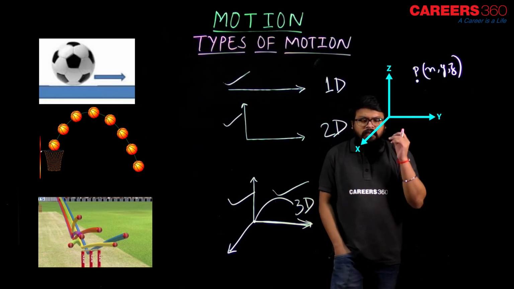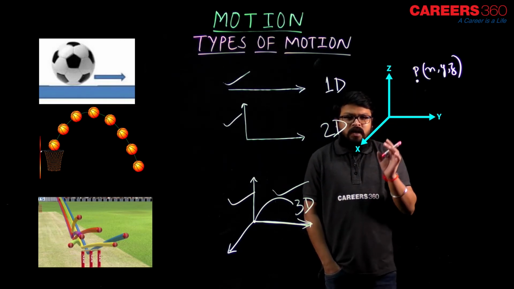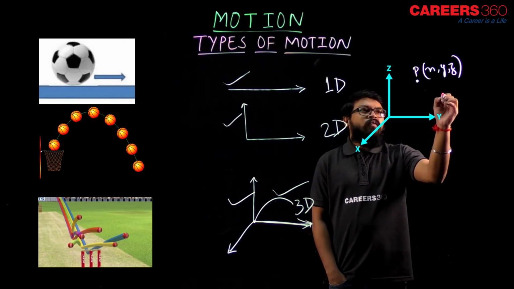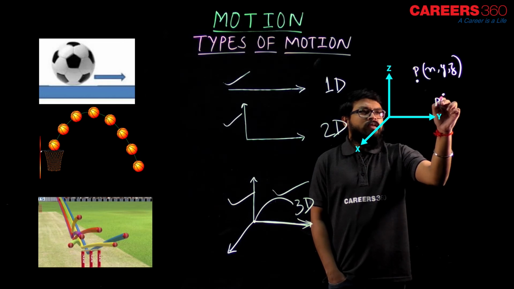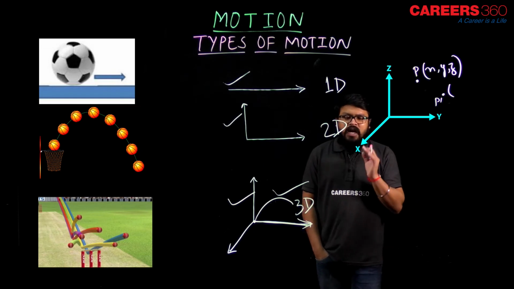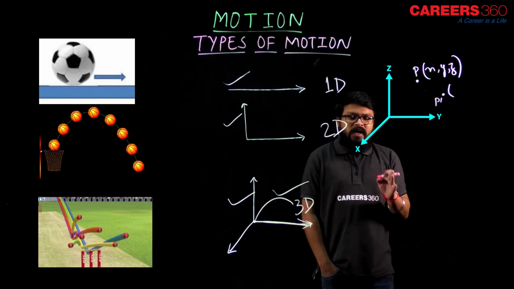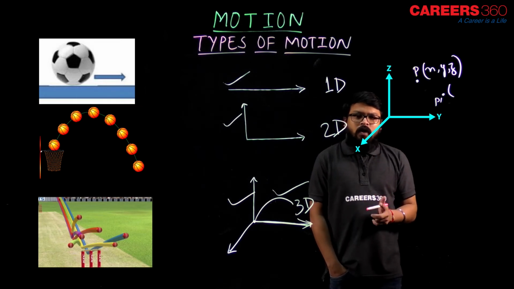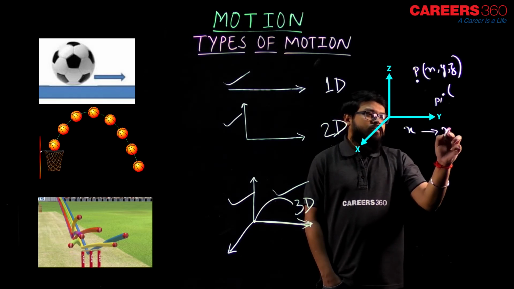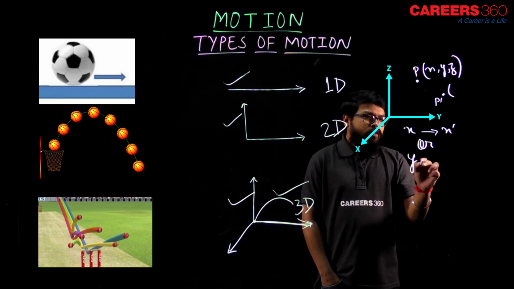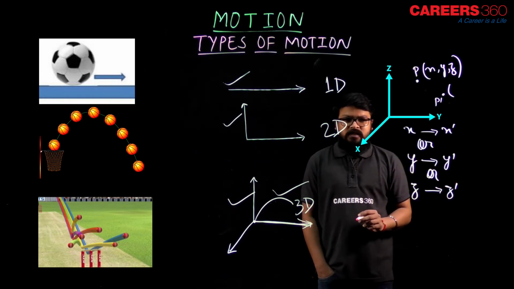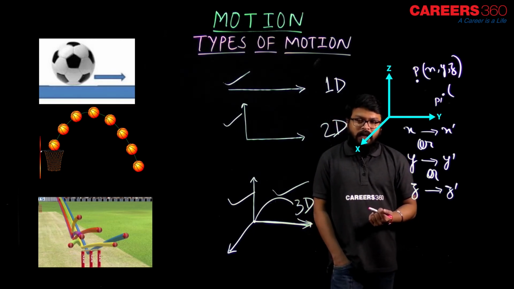Now if the body which is at position P moves in a straight line to somewhere over here, P dash, there is a chance that all the three coordinates x, y, z will change, or only two will change, or only one will change, right? So if only one changes, x to x dash, or y to y dash, or z to z dash, then that type of motion will be called one dimensional motion.